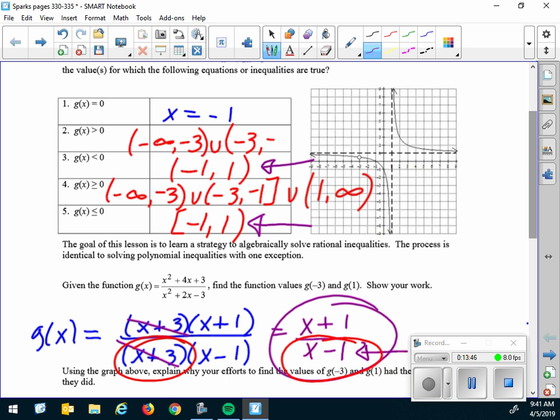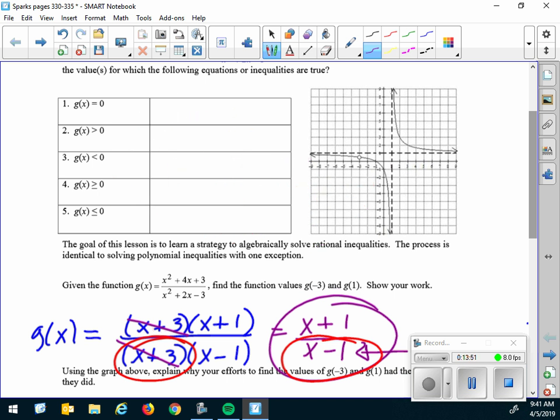Now the question is, how could I answer these questions without having the graph? Can I answer these questions by just knowing the function? The answer is yes, or we wouldn't be doing this lesson.